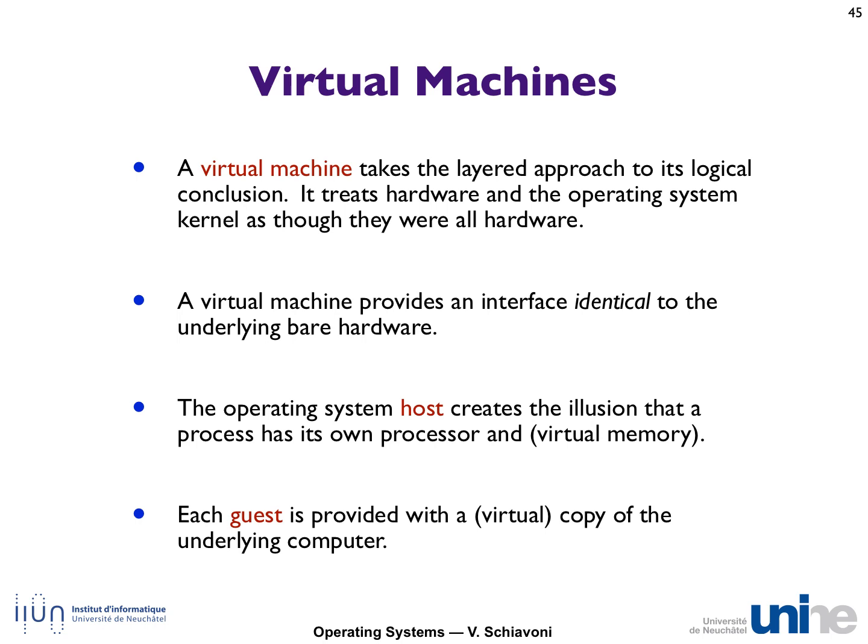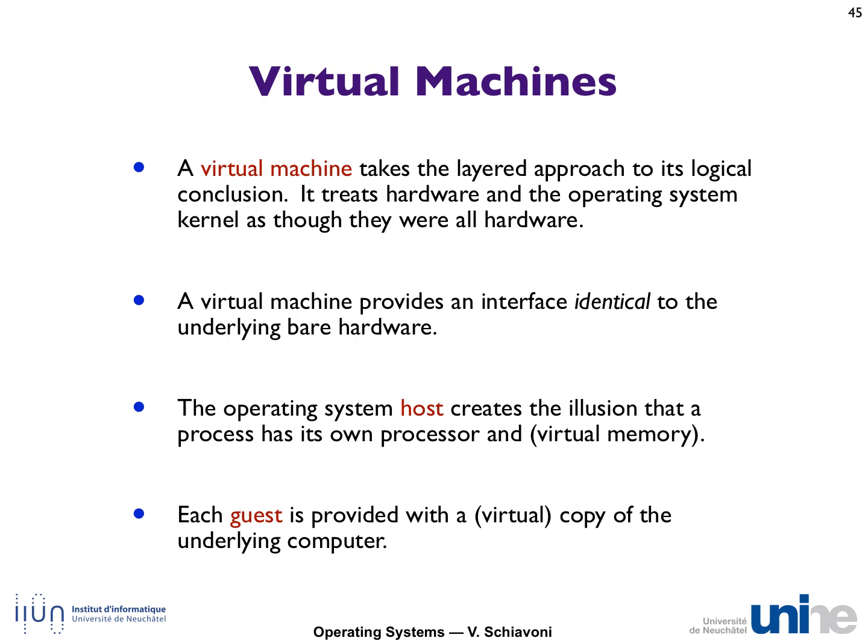So far we basically dealt with physical machines, but what are virtual machines instead? A virtual machine basically takes this layered approach that we discussed before to its logical conclusion. It treats hardware and the OS kernel as if they were all hardware. So in a way, a virtual machine provides an interface that is identical to the underlying bare hardware, so that you can emulate the presence of a given CPU or a given device.